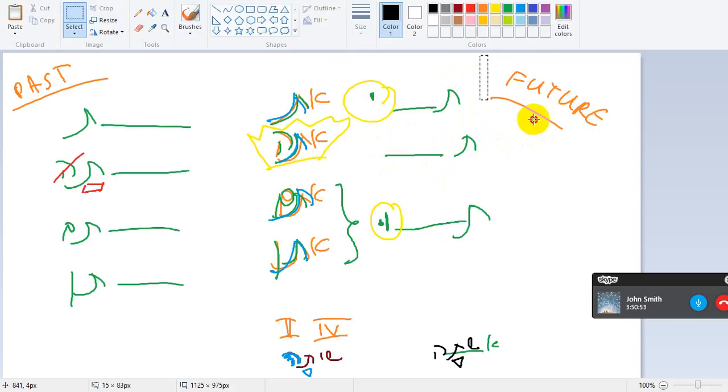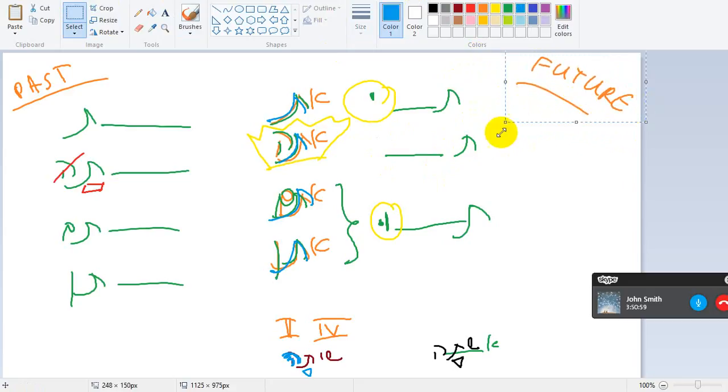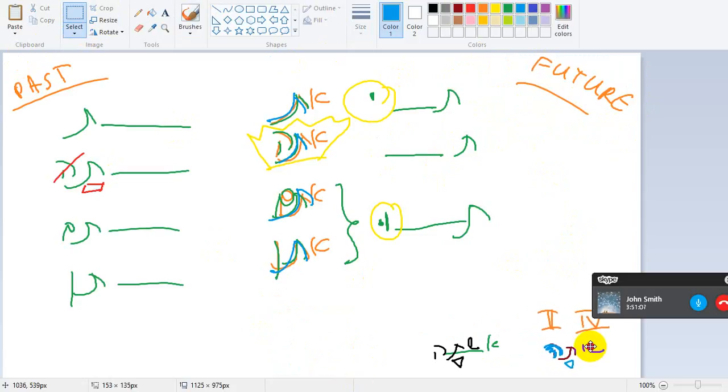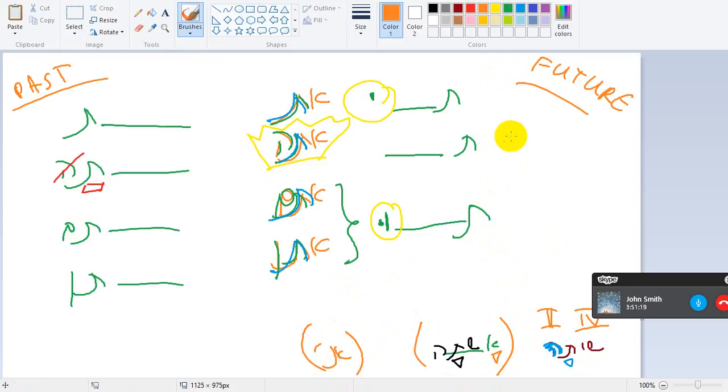Let me move it around a little bit so we have more space. So we had ani as an example, eshte. Now, ata tishte.